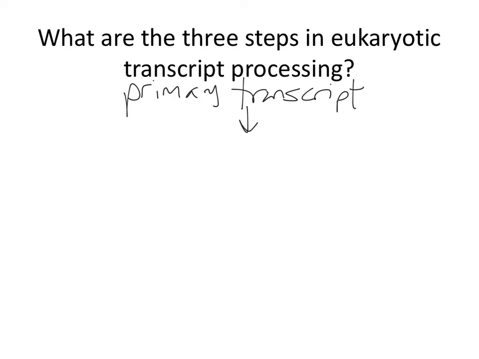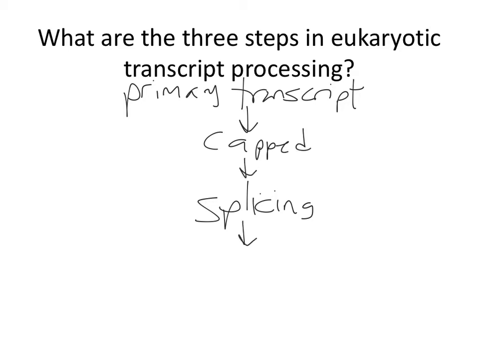So splicing happens. That's one of the 3 steps of processing. And it's being capped and tailed. So there's capping, splicing, and a 3' poly A tail is added. So 3 steps: capping, splicing, tailing.